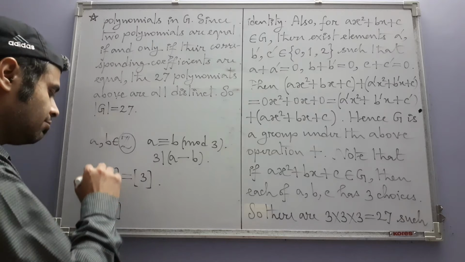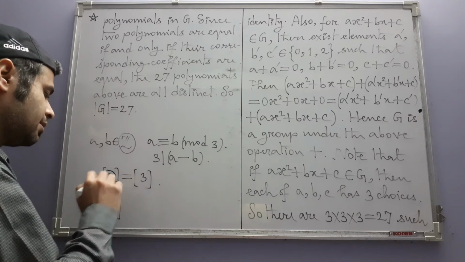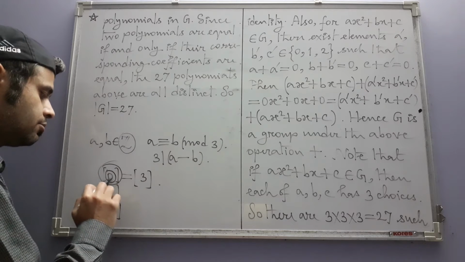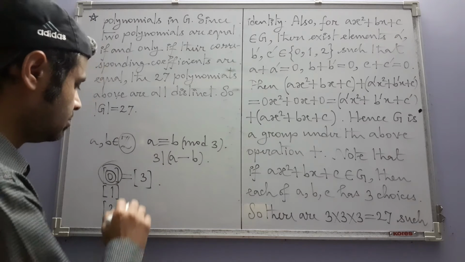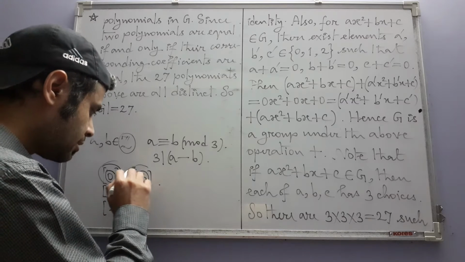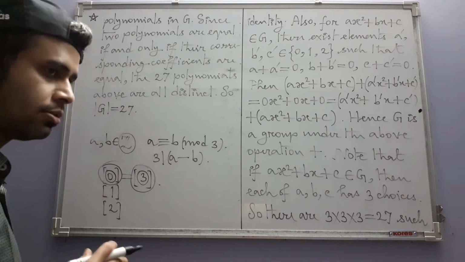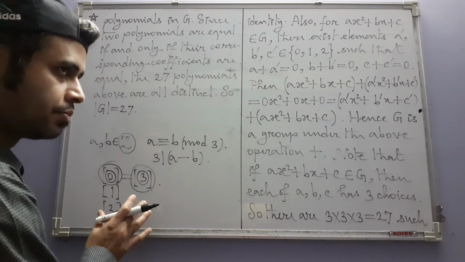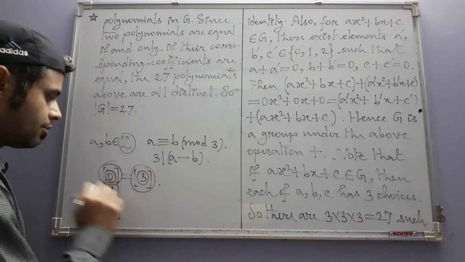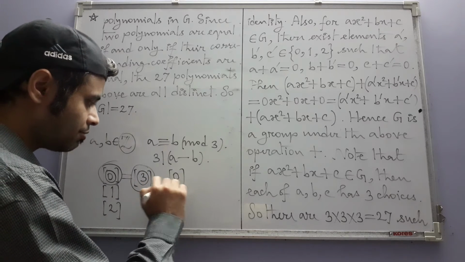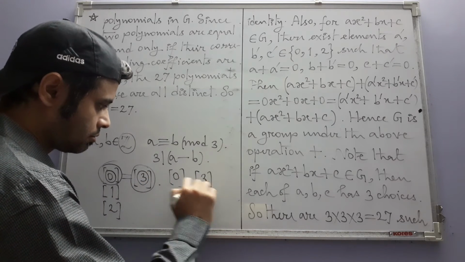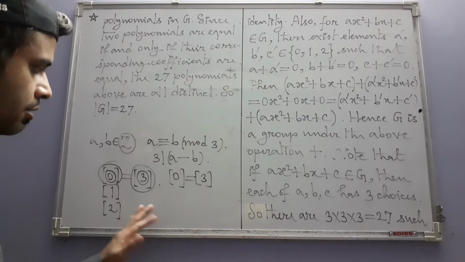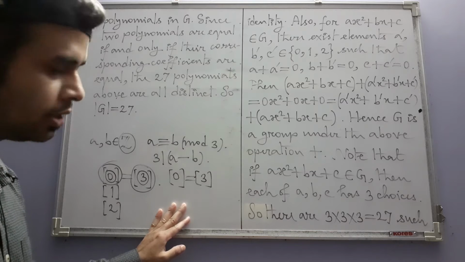In other words, this by definition is the set of those integers that are congruent to 0 modulo 3, and this by definition is the set of those integers that are congruent to 3 modulo 3, and these two sets turn out to be the same. So that is why, although these two symbols look different, actually they are the same thing in the collection of congruence classes modulo 3.